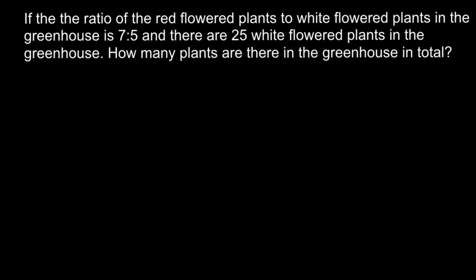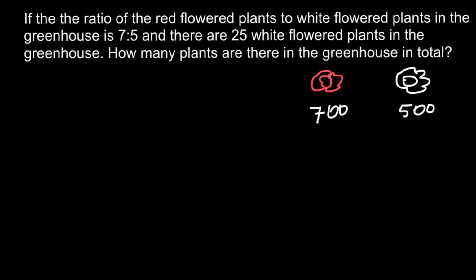So imagine that we have, for example, red flowered plants and white flowered plants, and say we would have 700 red flowered plants and 500 white flowered plants.